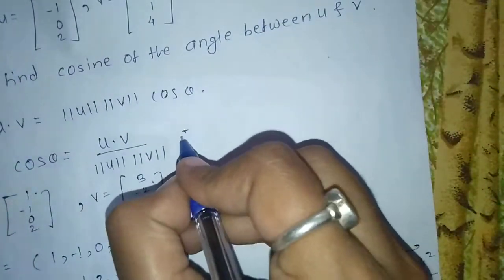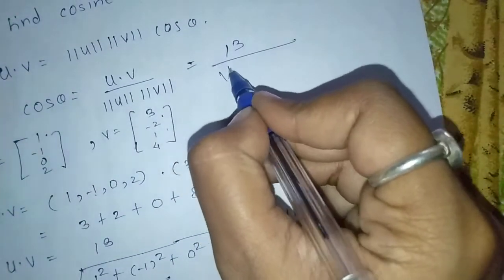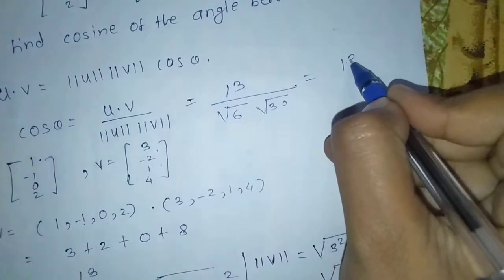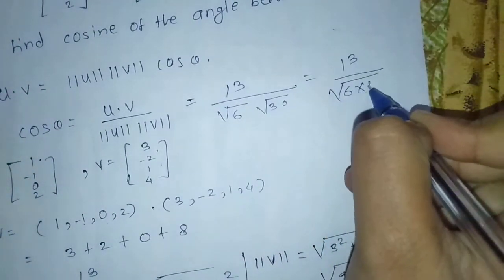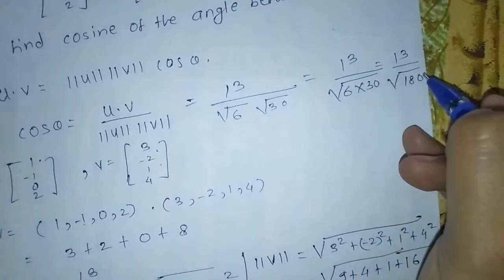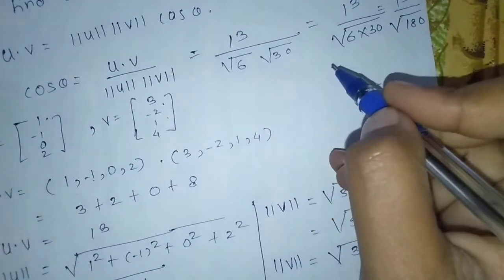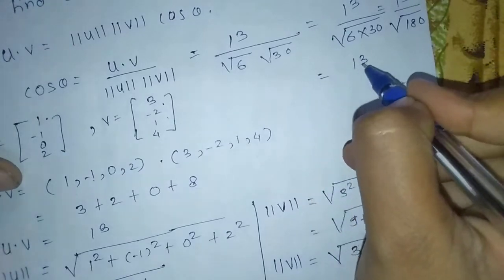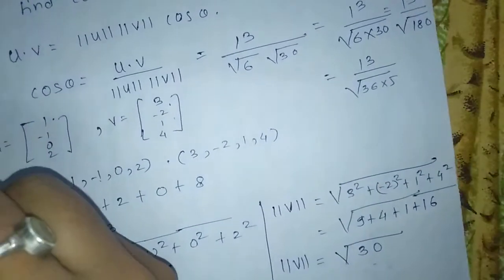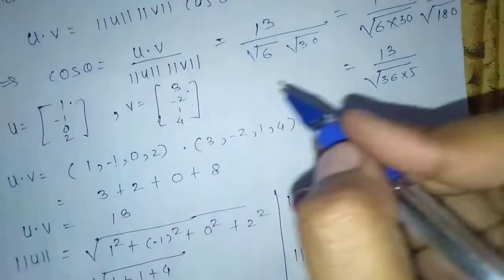So cos theta is equal to U dot V, which is 13, upon norm U, root 6, times norm V, root 30. That is 13 upon root 6 into 30, equal to 13 upon root 180. Now 180 is nothing but 36 into 5.